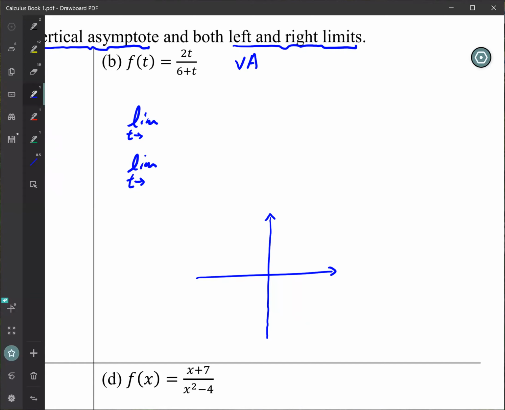Okay, Leon, can you help us draw the asymptote? Where the asymptote is? -6. Yeah. Could you help us draw it out on the screen? So t equals -6.